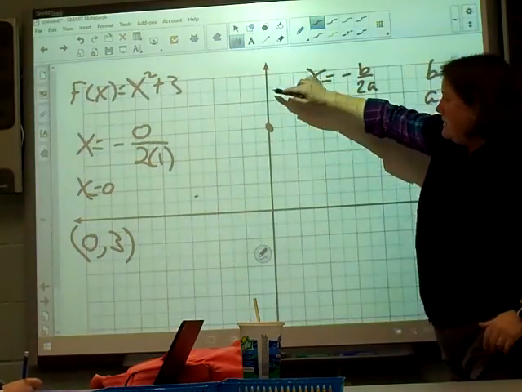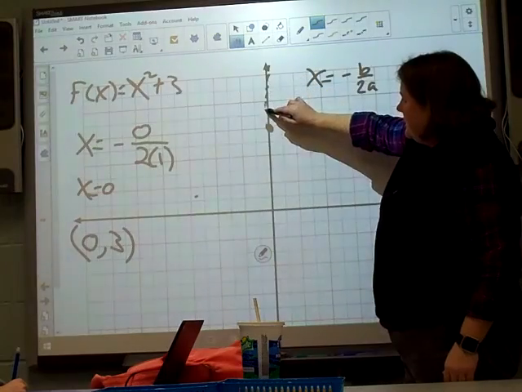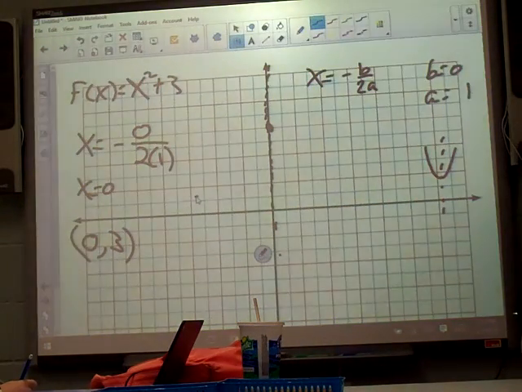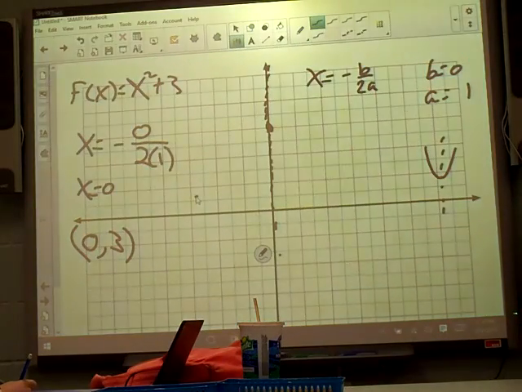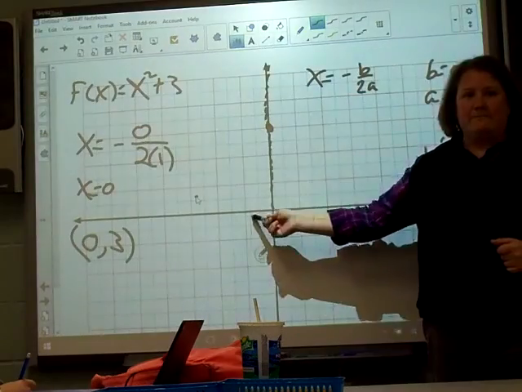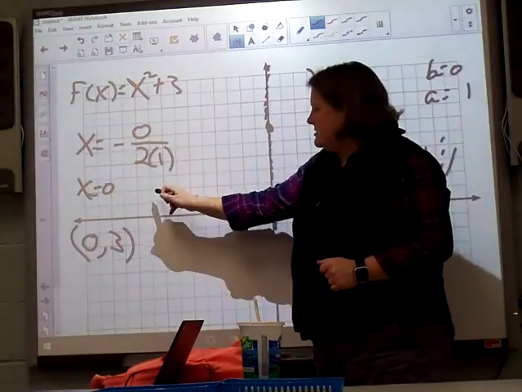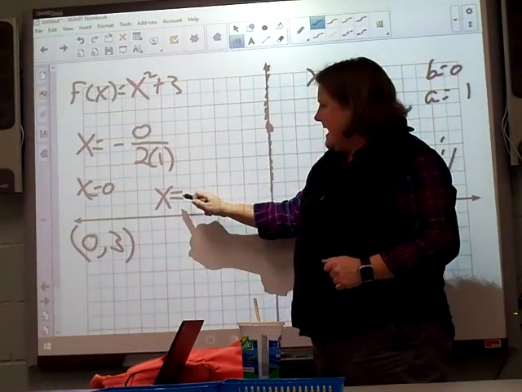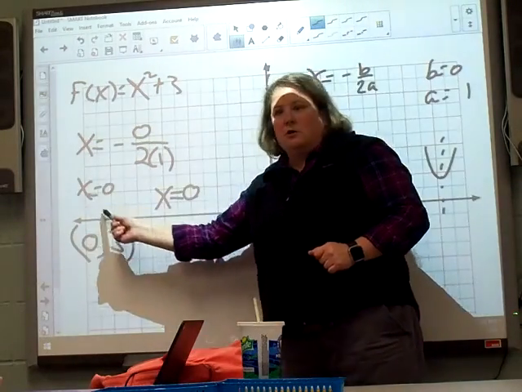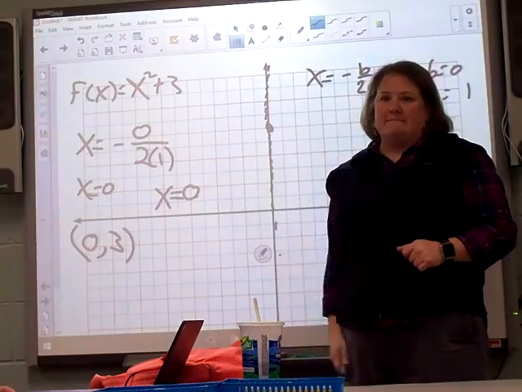So this line that my vertex is on is my axis of symmetry. So I already know my axis of symmetry. I just got to know how to write it. From the origin, I didn't move left or right any. The axis of symmetry is always the x of your vertex. When you did this work, you got your axis of symmetry.